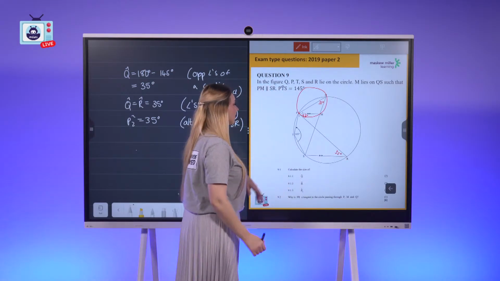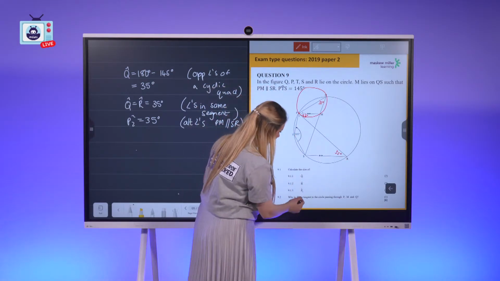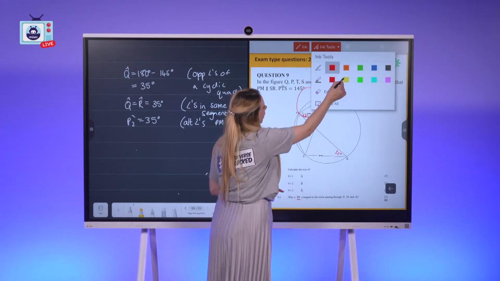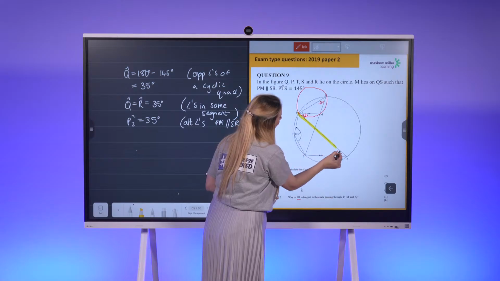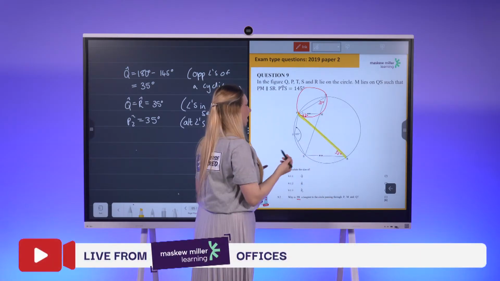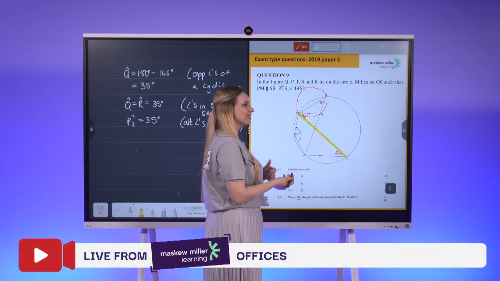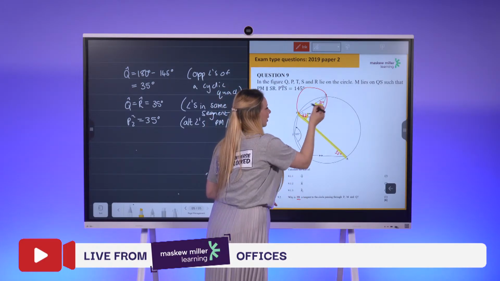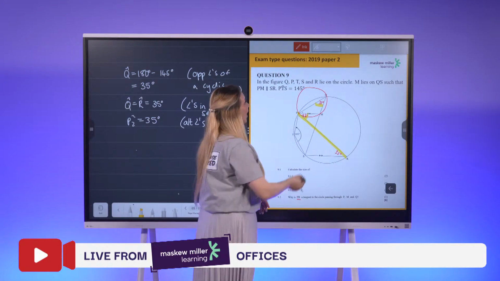We're trying to prove that PR is a tangent. This is PR. If PR is a tangent, and we're using converse tan-chord, then this angle must be equal to that one over there. And we do have that happening.